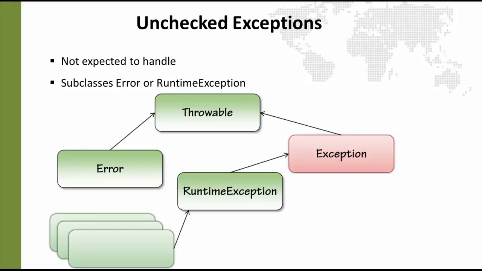These are things like running out of memory, things that you really shouldn't be able to do anything about. On the other side, we have RuntimeException that inherits from Exception. Anything that inherits from RuntimeException is an unchecked exception, so you don't have to deal with it.